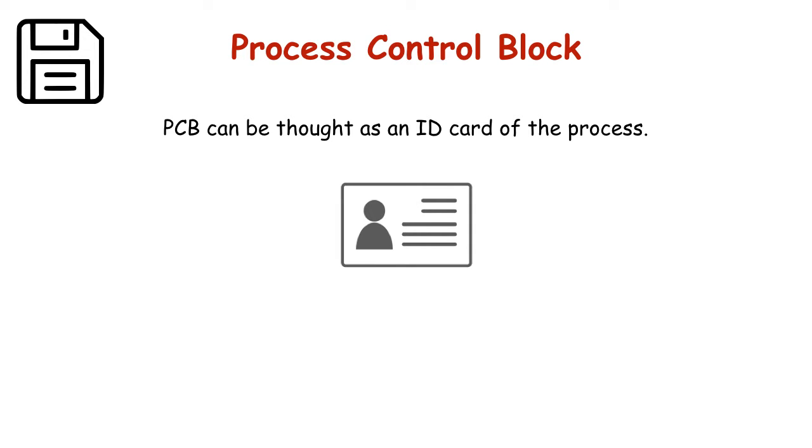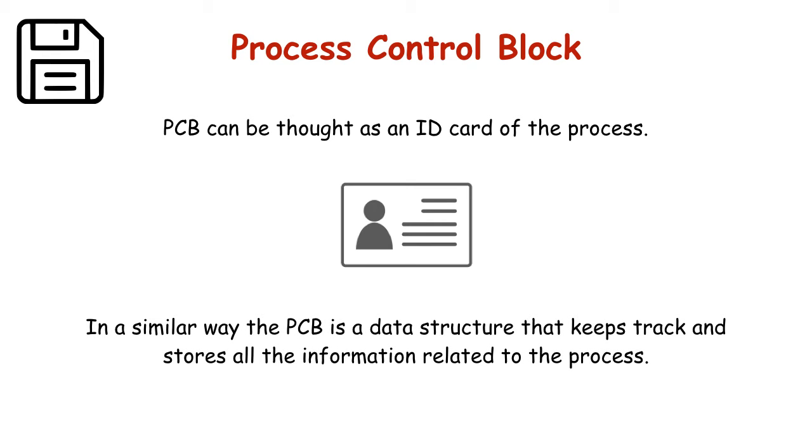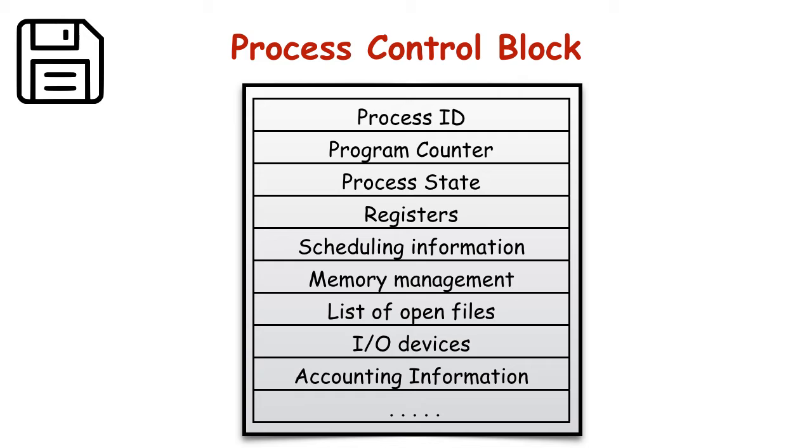So similarly, PCB is a data structure that keeps track and stores all the information related to the process. A basic structure of a PCB has a process ID, a program counter, a process state, registers, scheduling information, memory management information, a list of open files, I/O devices, accounting information, and many more things that are related to the process.